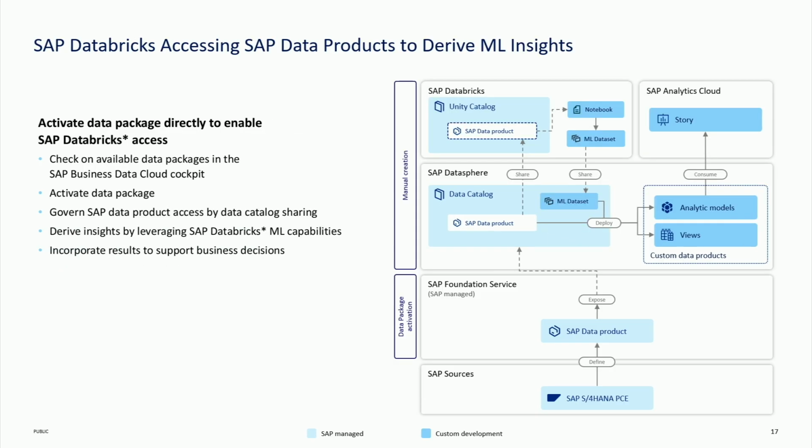And this example describes how, for example, we can now extend a pre-delivered set of data from the data product to the model. We are now enhancing that one, as you can see, via DataSphere. We are consuming then the same data product also in the Unity catalog in Databricks. You are doing all the magic there that you would require in order to generate those insights that you need.